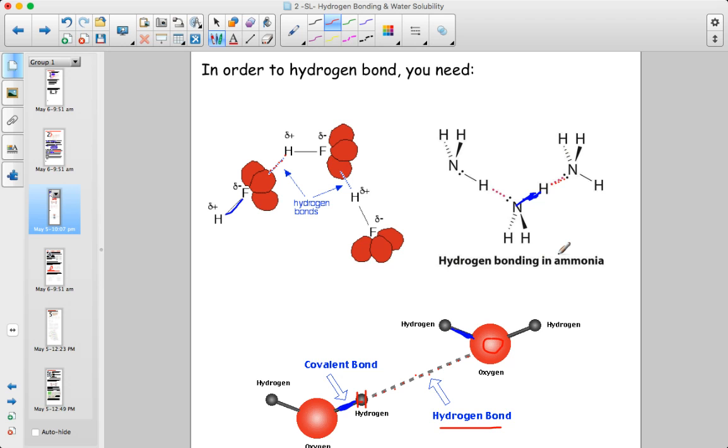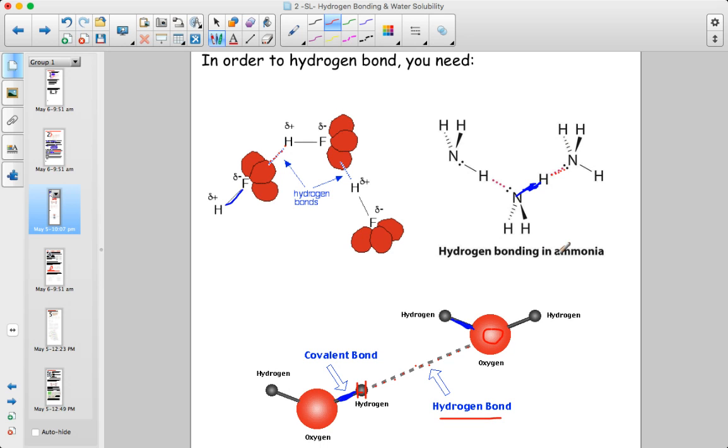So occasionally you get asked to draw an illustration of a hydrogen bond, and what they're looking for is that it's between the correct atoms, so NH, OH, or FH, but also that you're not pointing to the bond inside of a molecule. It's the dotted line that goes from one molecule to the next molecule.